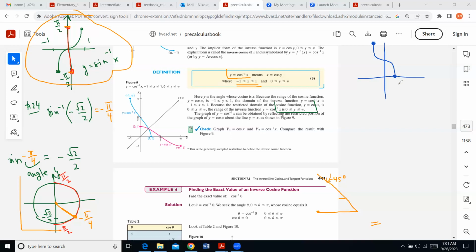It starts again at the point 1 on the x-axis, but it also ranges from 0 to pi. So a different range for the function arc cosine of x. Again, it's all because of the idea that we want it to be a function, so we can't take anything else, otherwise it's not going to be a function.